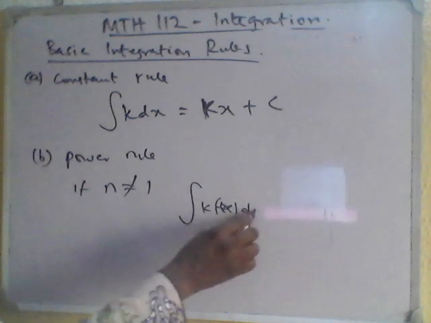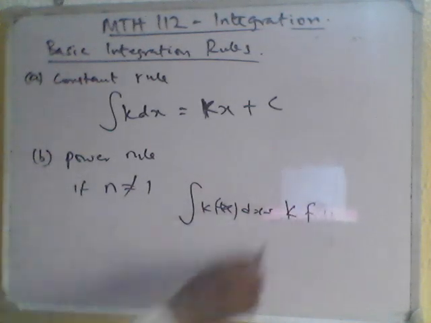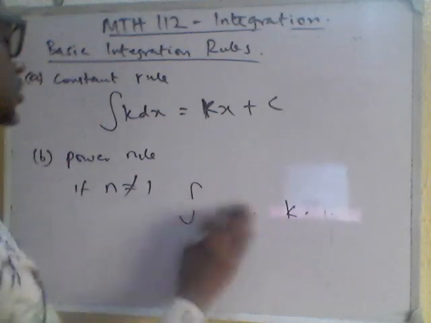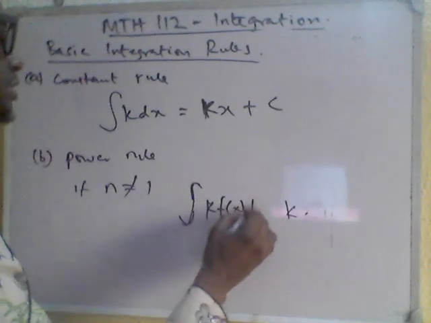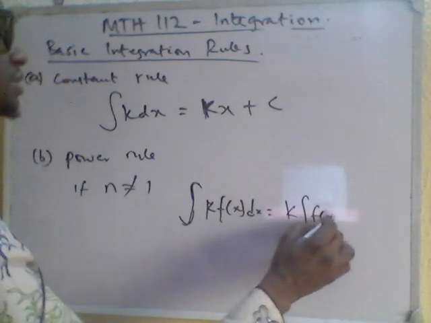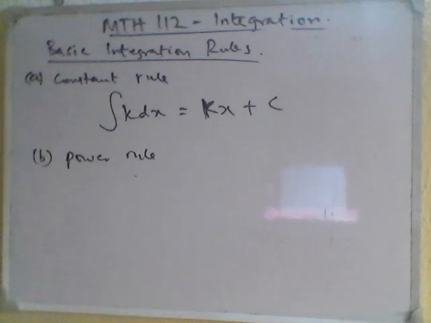So k outside, then f of x dx is equal to k times the integral of f of x dx plus c. Sorry for the mix-up.